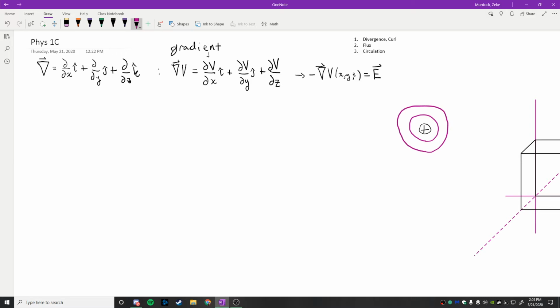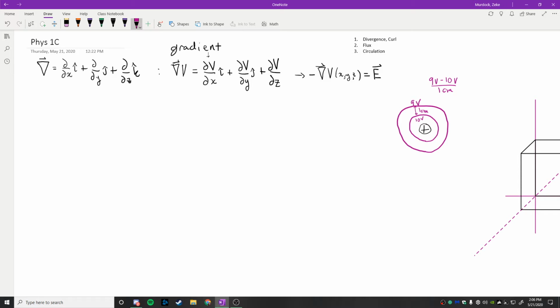Let's say that this is a 10-volt line, and this is a line that represents 9 volts, and let's say the distance between these two points is 1 centimeter. Then the gradient describes exactly how quickly the voltage changes from here to here. If I take the change from 10 volts down to 9 volts and divide by 1 centimeter, that's basically what the gradient is.